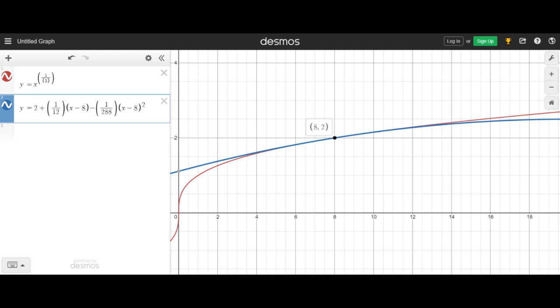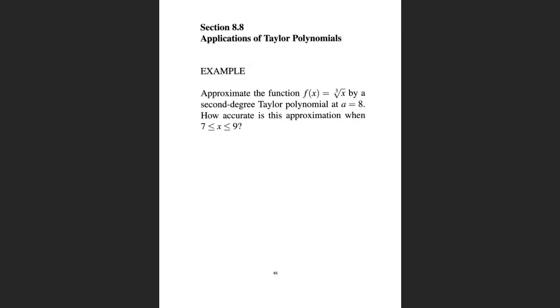All right, let's continue. So we have found a second degree Taylor polynomial T2, but now we want to know how accurate this approximation is for x values between 7 and 9. We can see based on the picture that it looks pretty accurate, but we need a quantitative measure.